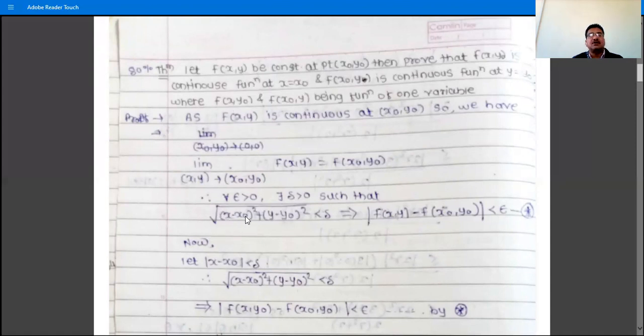Mod x minus x naught is less than delta implies mod f(x, y naught) minus f(x naught, y naught) is less than epsilon.